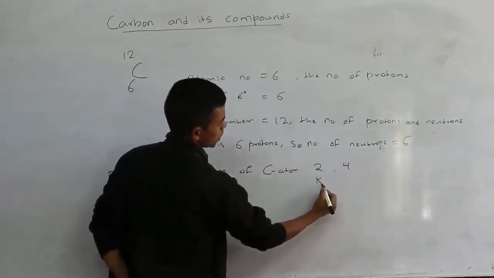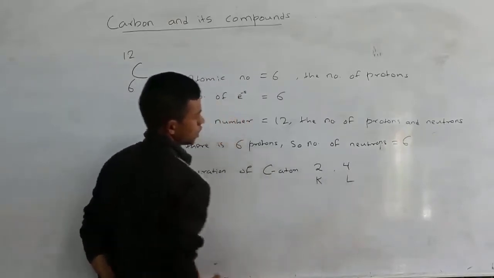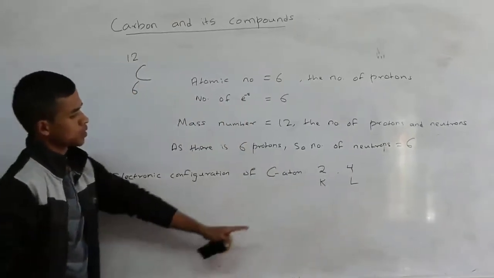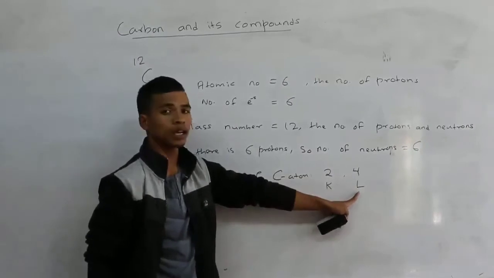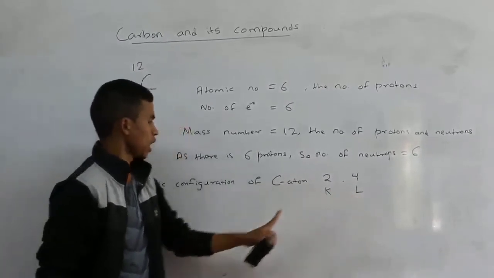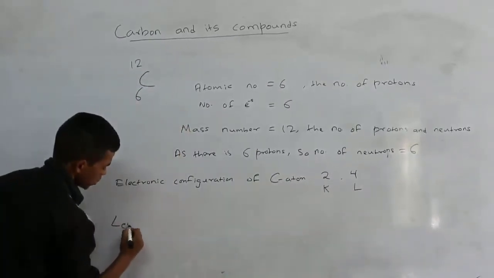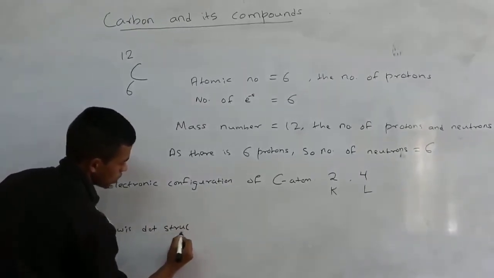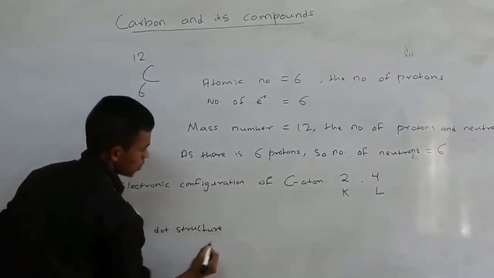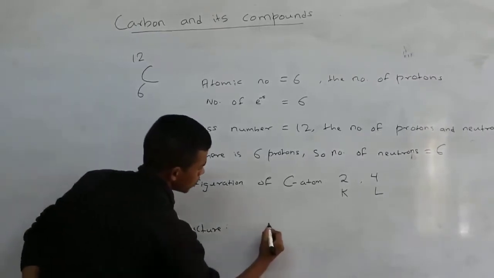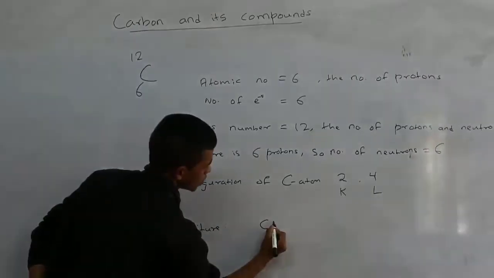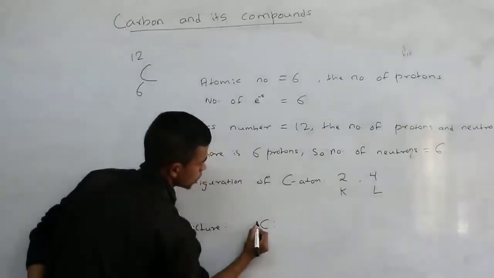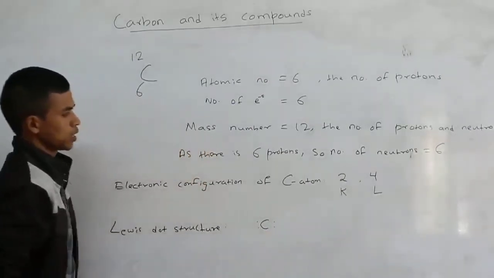This is the K shell, and this is the L shell. The outermost shell here is the L shell, and in the Lewis dot structure of carbon it has 4 electrons in the outermost shell.